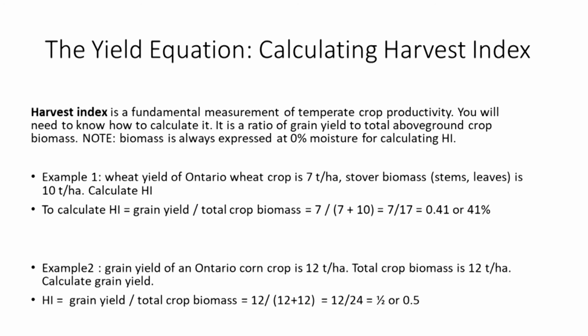Harvest index really only accounts for above ground crop biomass. We typically don't include roots in our harvest index calculations. And I'm just giving some examples here that shows you how to calculate harvest index. Again, simple. If you're having trouble with it, just come to the drop-in sessions that I'm hosting every Friday.